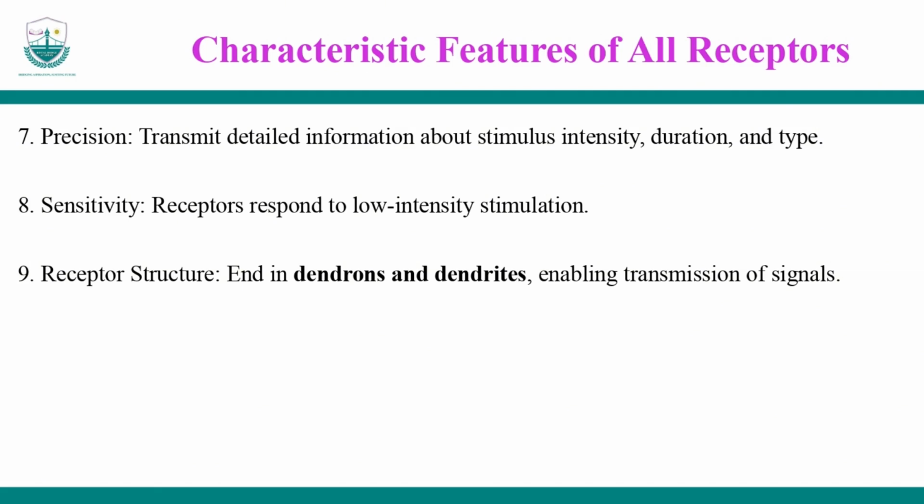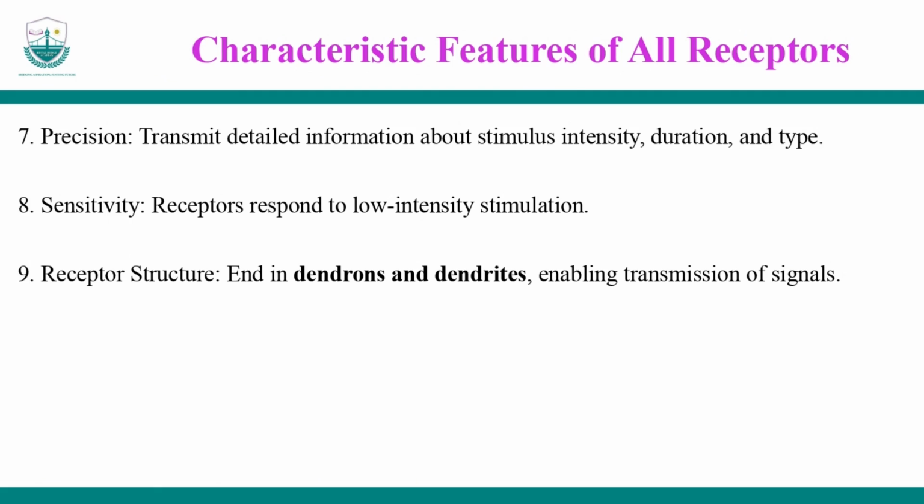For example, if it is sound, where is the sound coming from? Which direction? What is the intensity of the sound? Can you also associate the sound with something that you know? So that means that sensory receptors pass a lot of information to the brain about the stimulus that we are talking about here.